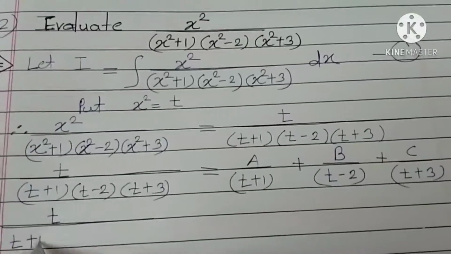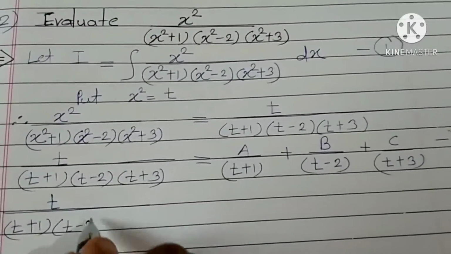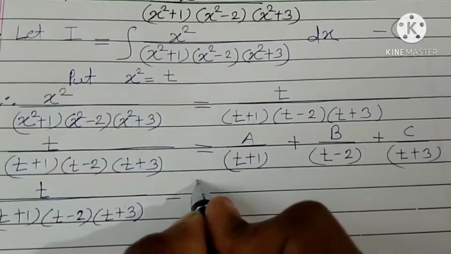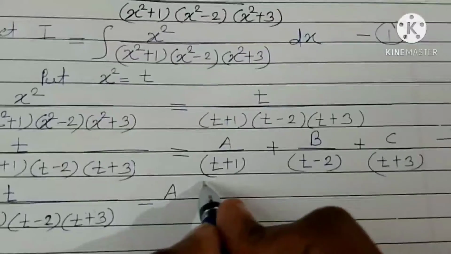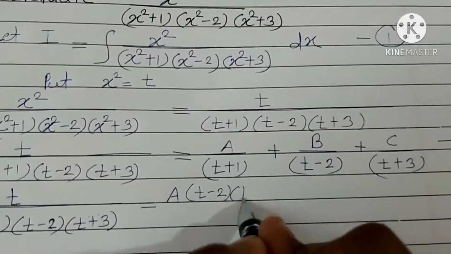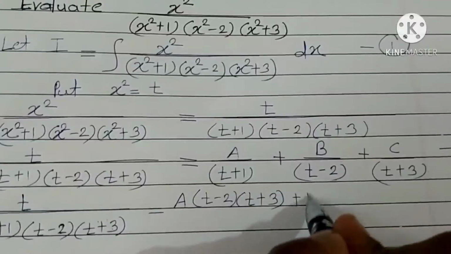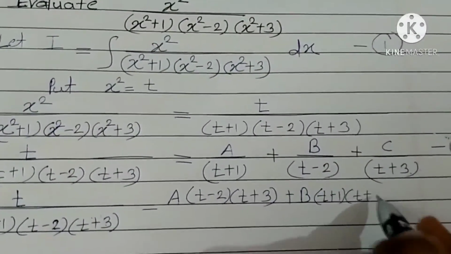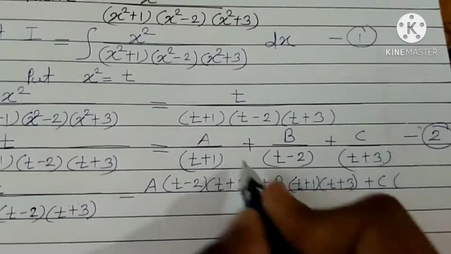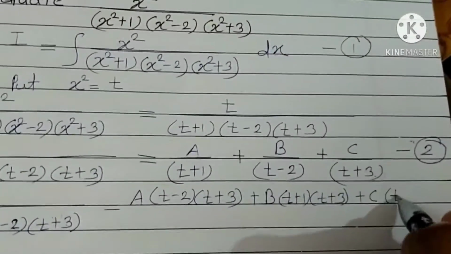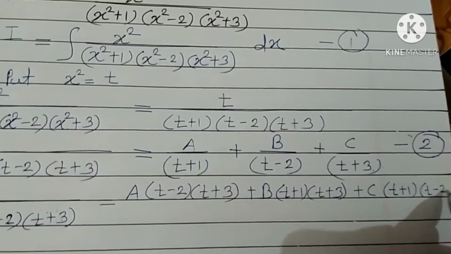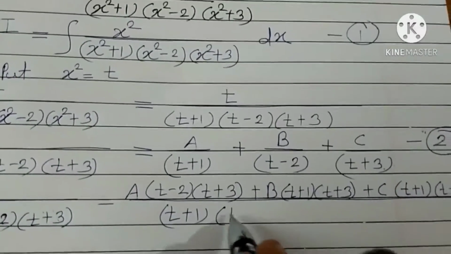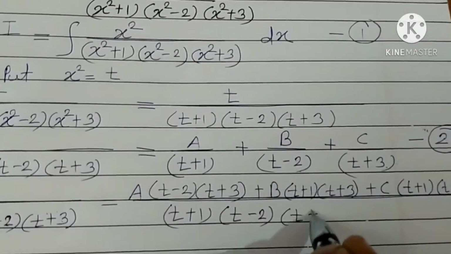So t upon (t plus 1)(t minus 2)(t plus 3) is equal to A into, take these two terms (t minus 2)(t plus 3), plus B, take these two terms (t plus 1)(t plus 3), plus C, take first and second terms (t plus 1)(t minus 2), upon (t plus 1)(t minus 2)(t plus 3).